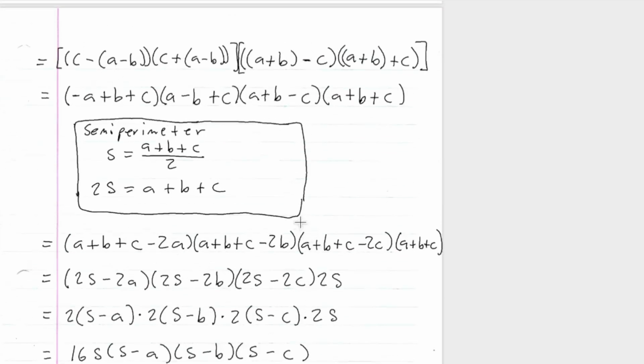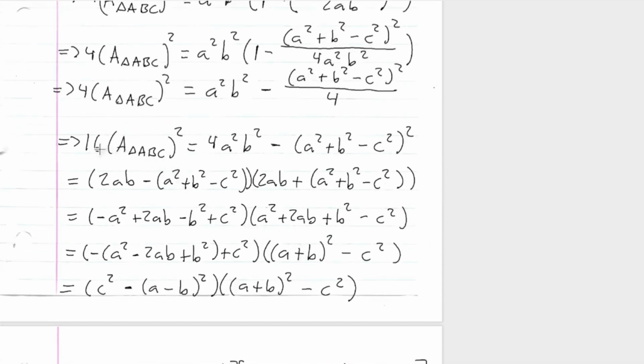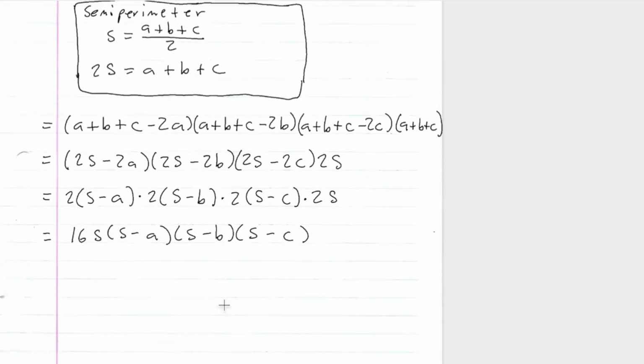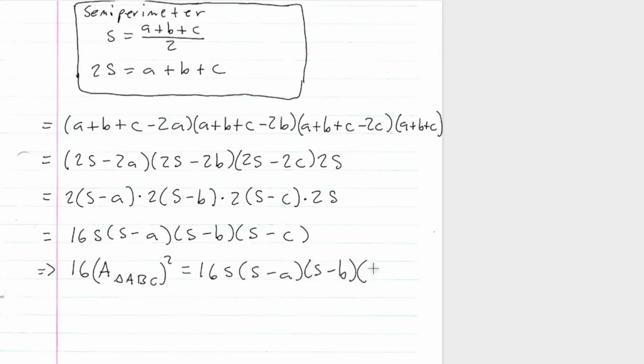And remember, I had 16 times the area of triangle ABC squared is equal to all this junk, right? So I know, so this implies that 16 times the area of triangle ABC squared is equal to 16 times s minus a times s minus b times s minus c.